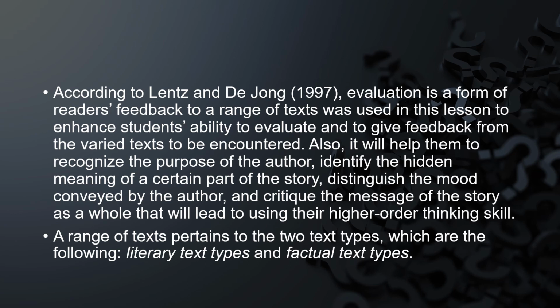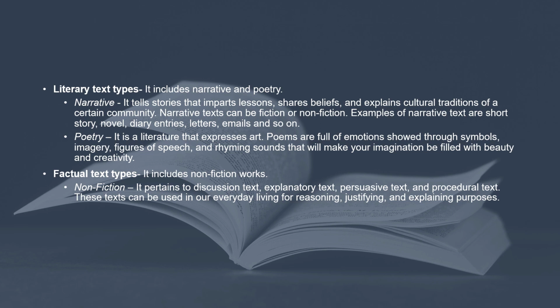So, what are those two text types? Literary text types include narrative and poetry. So we have two types of literary text types: narrative and poetry. Narrative tells stories that impart lessons, share beliefs, and explain cultural tradition of a certain community.